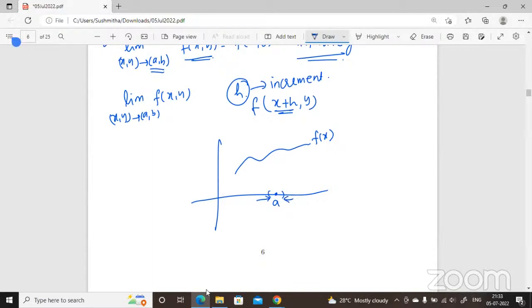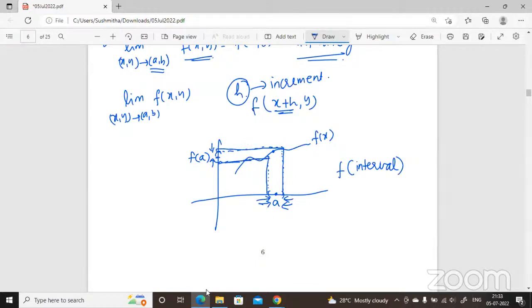I want to make sure that the value of the function in this interval is going to lie here, and the exact value is this, f of A. As I get closer and closer to A, the image of this interval gets smaller and smaller, which means it gets closer and closer to the value I'm looking for.